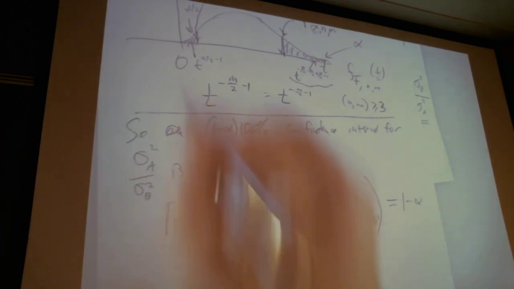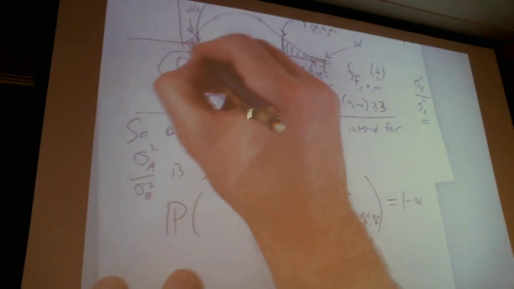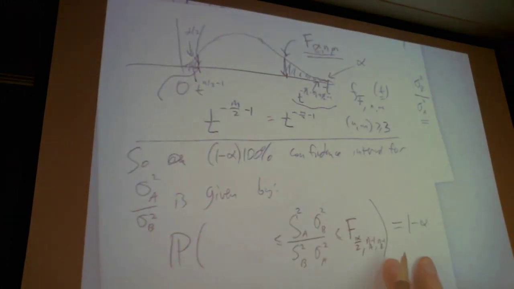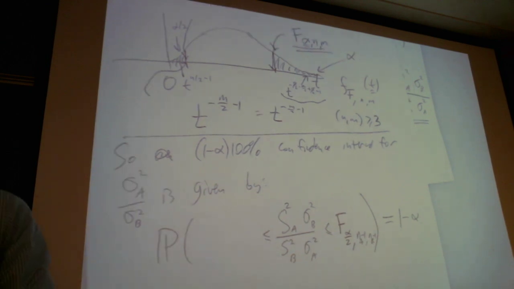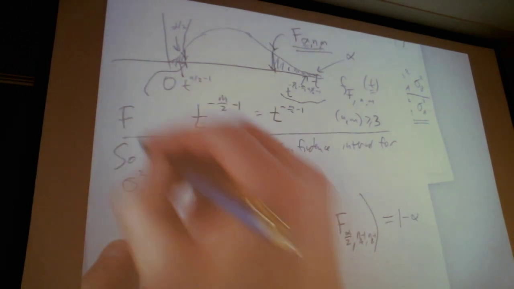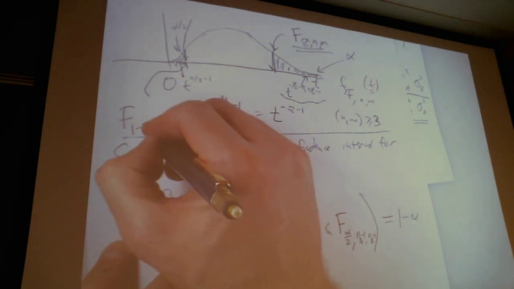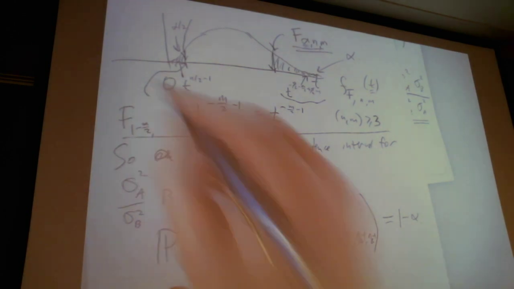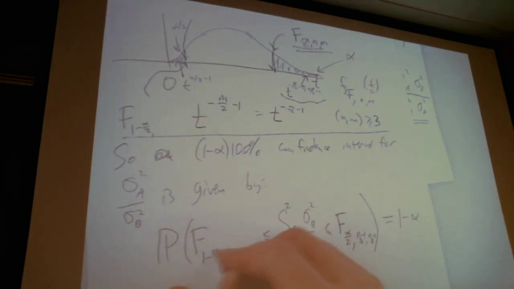So what is this point, in terms of things we've defined? Yes? F of 1 minus alpha. Thank you, Jake. I know it's hot and everybody wants to go to sleep, and we're almost there. So yes, exactly. It's F of 1 minus alpha over 2 with the same degrees of freedom, NA minus 1 and NB minus 1.